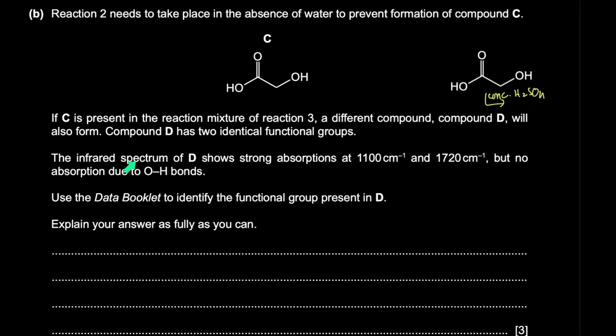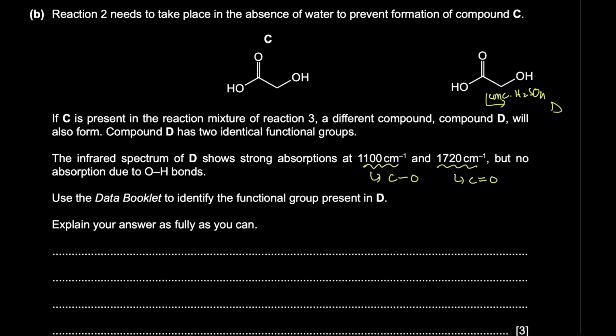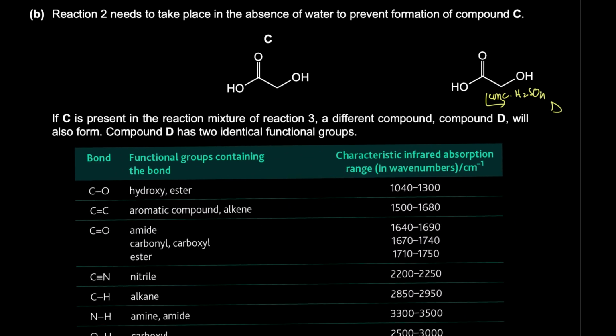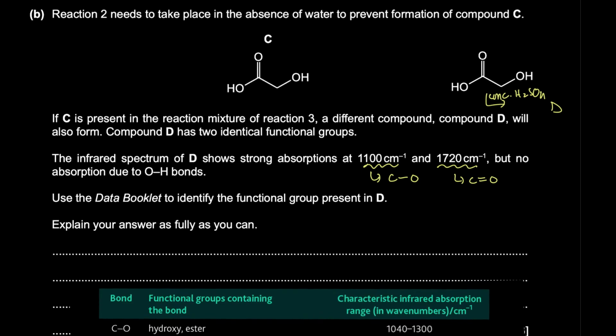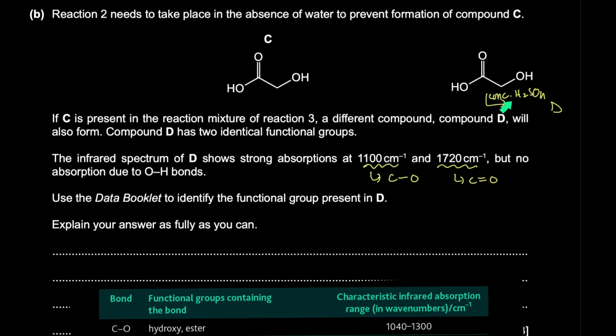They're saying the infrared spectrum of the resulting compound D has absorptions at 1100 wave numbers, which is due to the C single bond O, and 1720 wave numbers, which is due to the C double bond O. If compound C were present with concentrated sulfuric acid, it would make D, and D would have a C single bond O and a C double bond O.